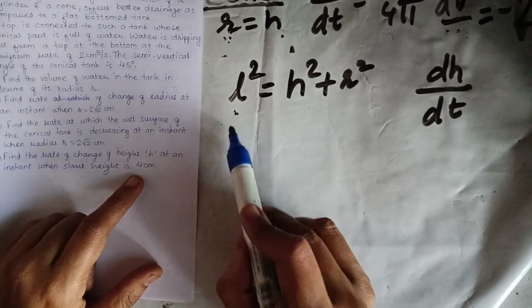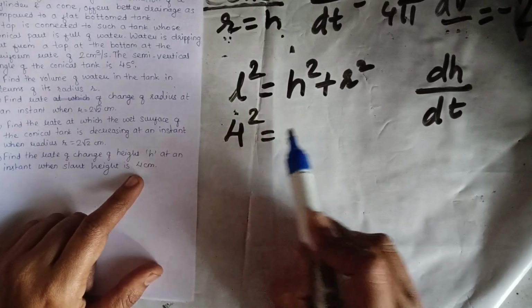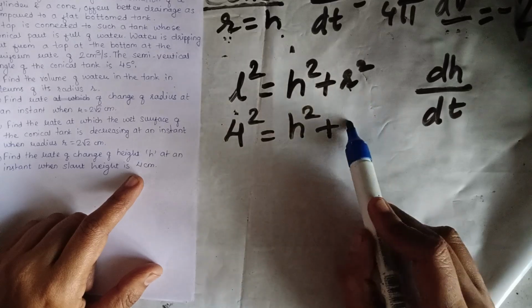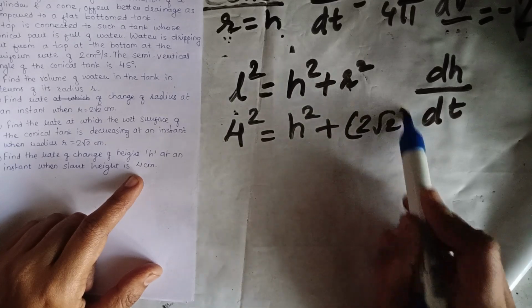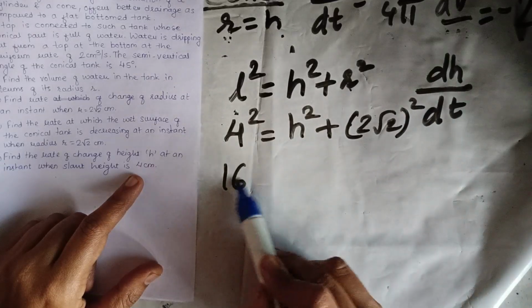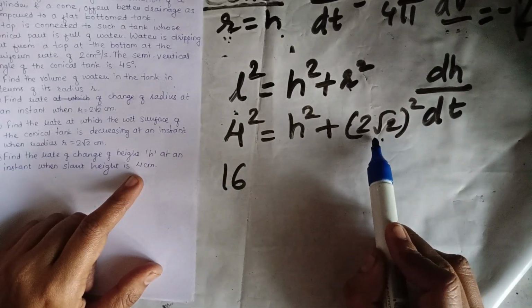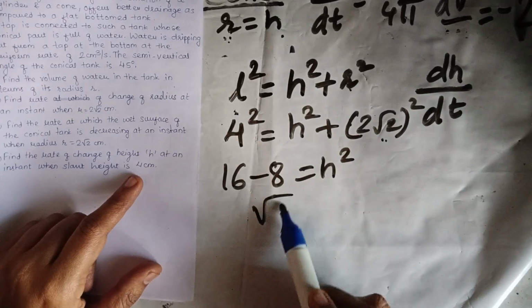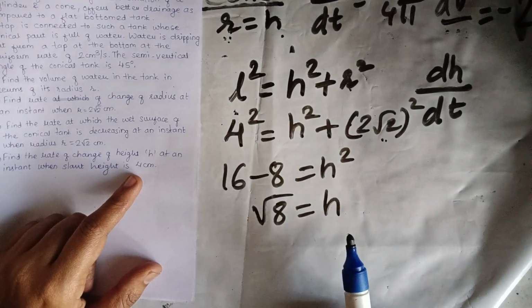So when L is 4, we can substitute here 4. R square, R is given, that is 2 root 2. So this becomes 4 into 2, 8. So root 8 is our h.